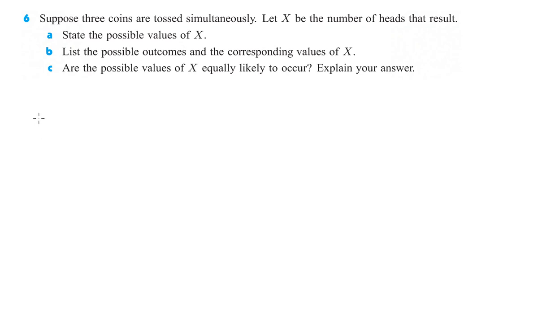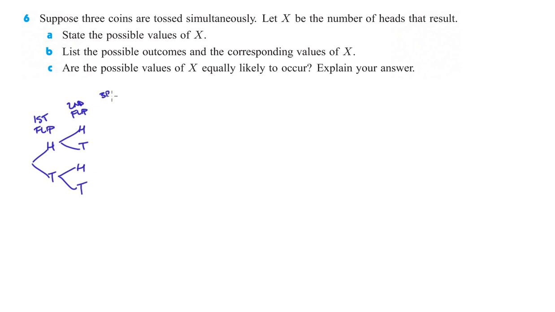Let's do the first flip, which will either give us heads or tails. And then the second flip: if you get heads on the first, you can either get heads or tails on the second. If you get tails on the first, you can still get heads or tails on the second.